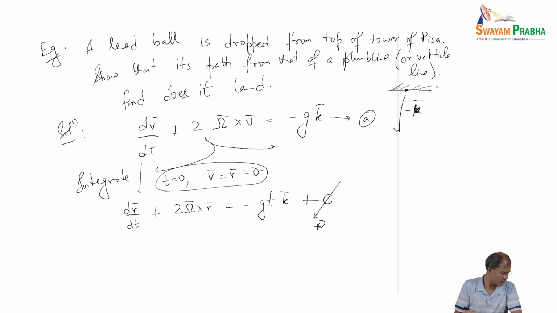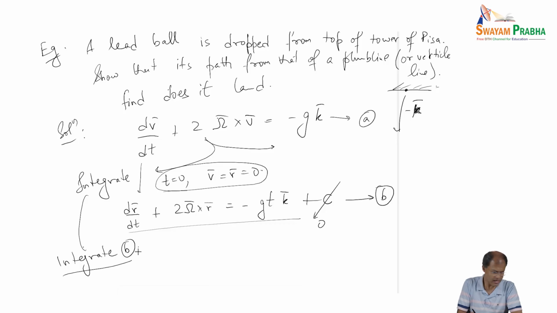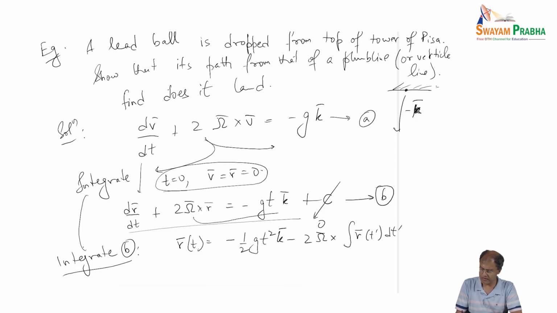And now we can further integrate this equation. Let us call this b. So we integrate equation b, and we see that r of t is minus half g t square k minus 2 omega cross the integral of r(t') dt' from 0 to t.